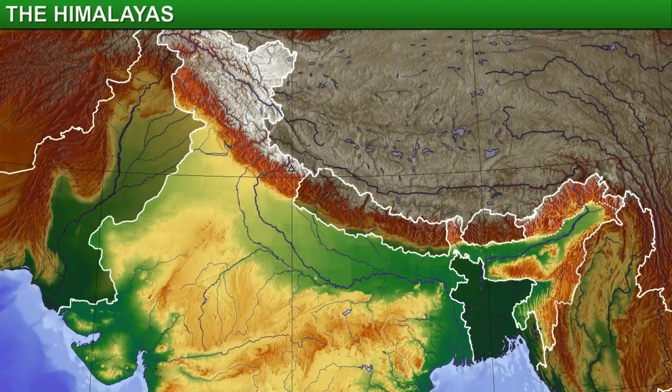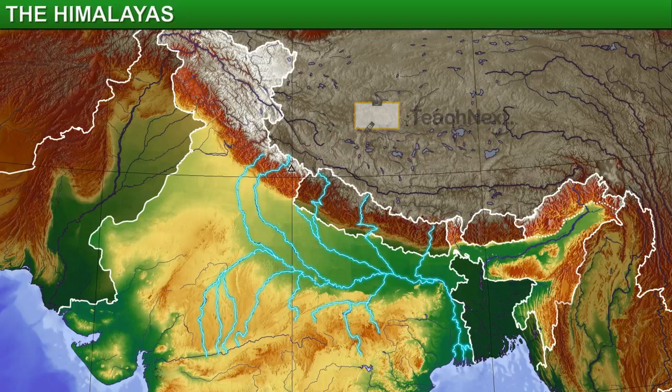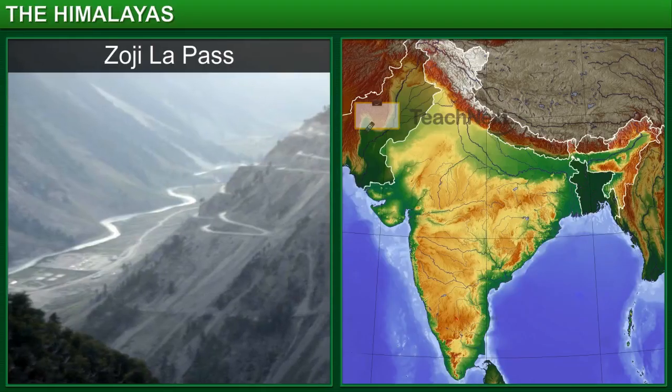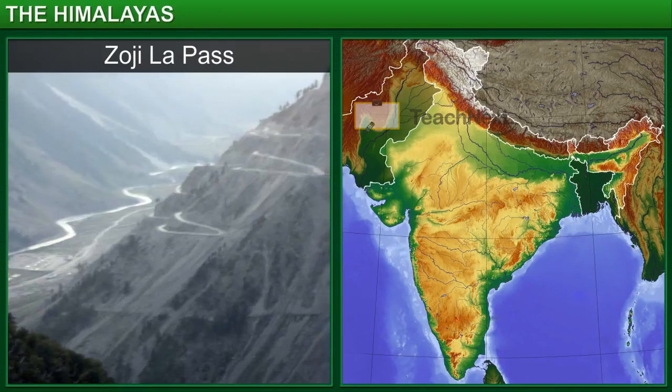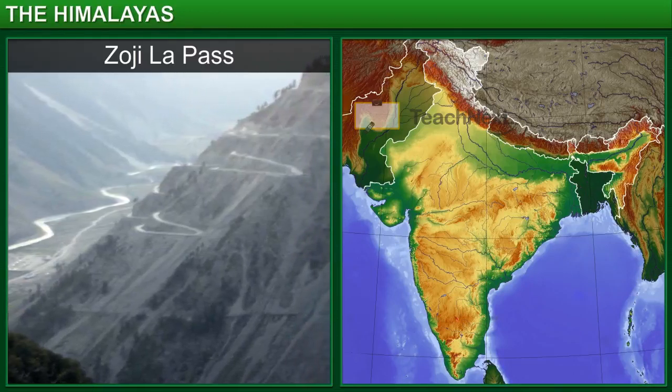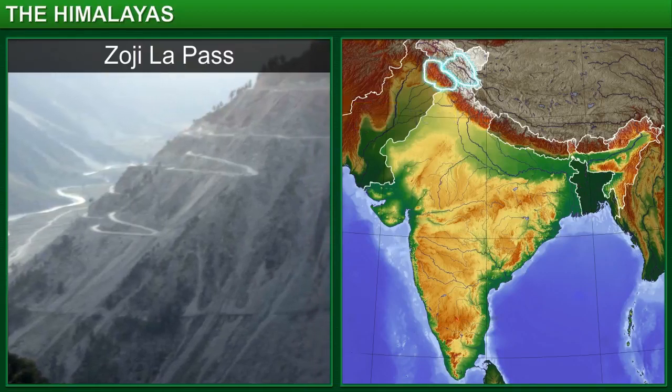These glaciers feed rivers that form the source of water for a large part of the population. The Zoji La Pass is also situated in the Great Himalayan range. This pass is the only link between Ladakh and Kashmir.